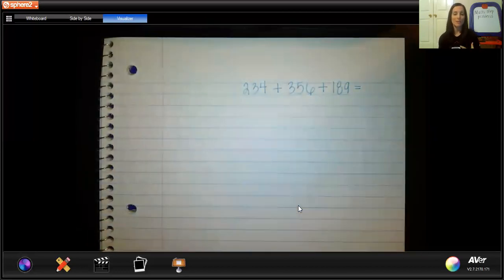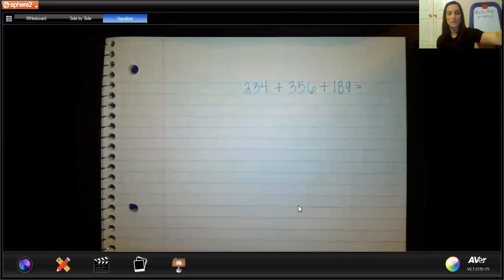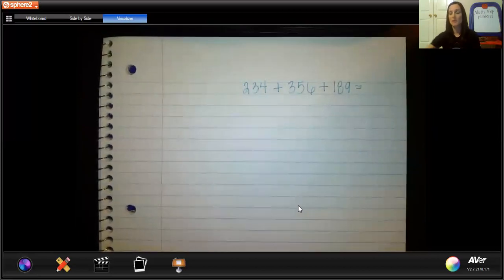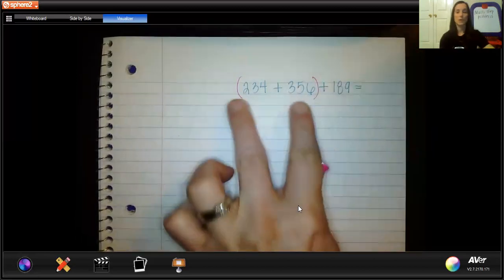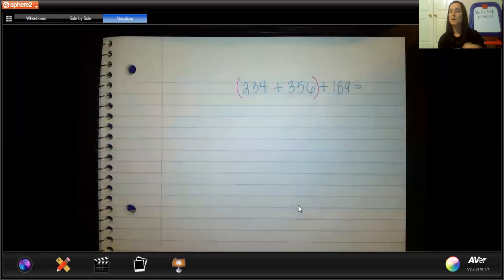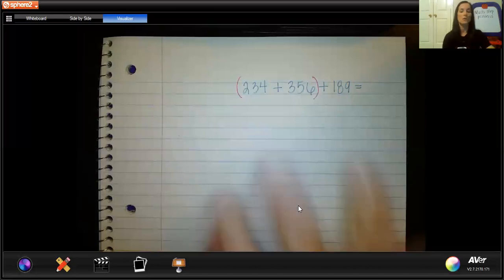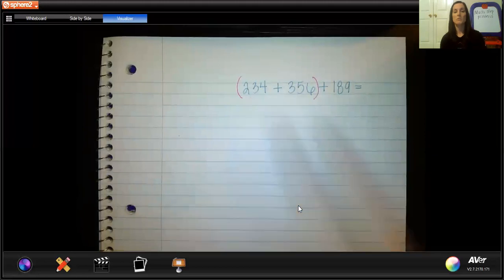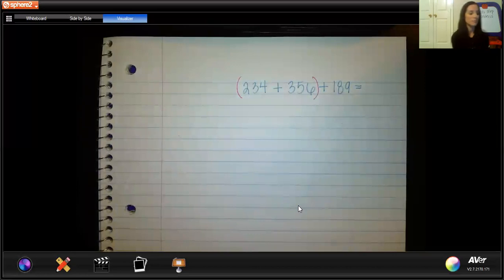Again, our first thing that we should do is split apart our numbers, okay? So I want to only focus on this equation. We're not worried about the third number right now. So this is the same thing we have been doing with our 2-digit. It's the same, and so we're doing the same thing with our 3-digit. You're only focusing on these two numbers to get that answer, and once you get your answer, you can get your third number.